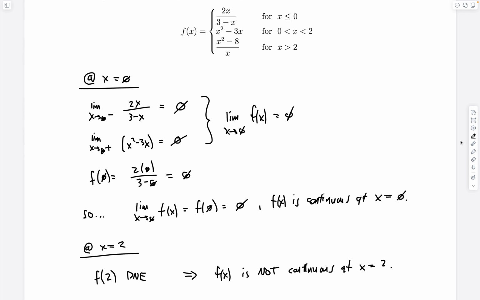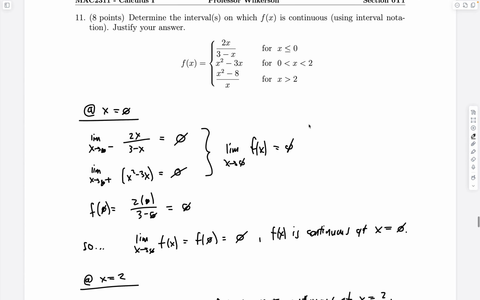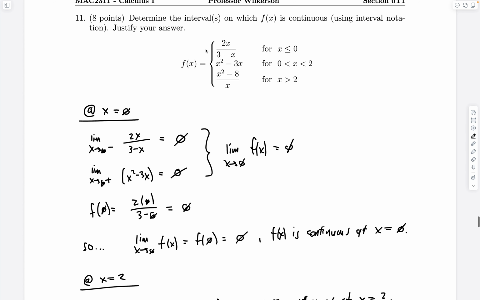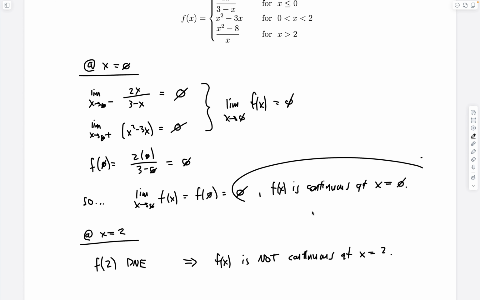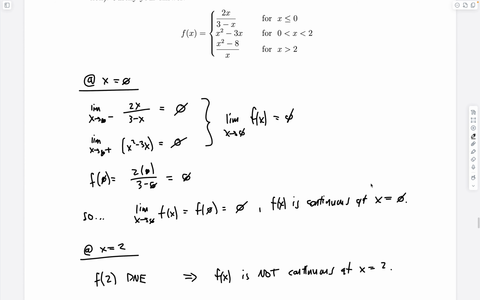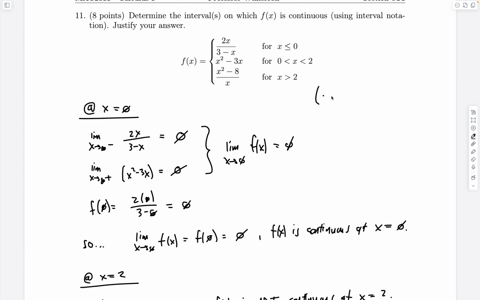Now, all in all, I need to make my interval, right? So the question was determine the interval or intervals where I'm continuous. Well, we said that everywhere other than 0 and 2 would have been good. And then I checked 0 and 2 and I found that 0 was all good. And then I found that 2 was not good. So therefore, if I want everything up to 0, right? 0 is good, but I can't have 2.